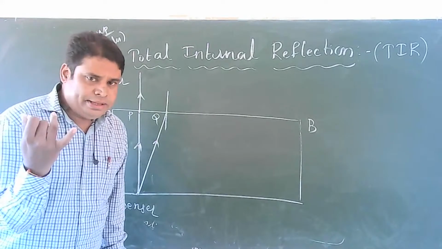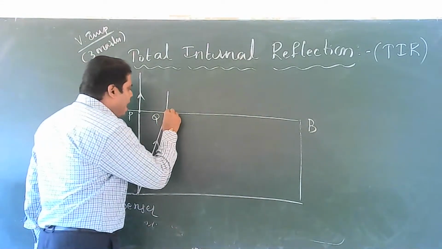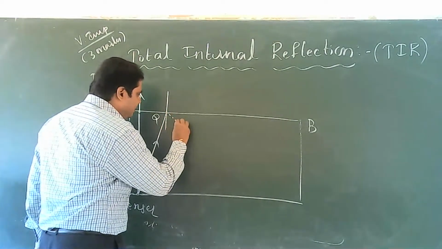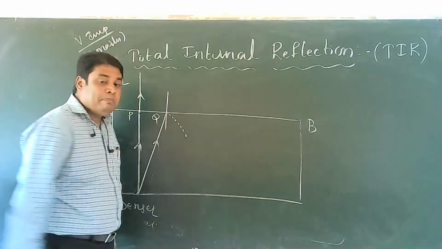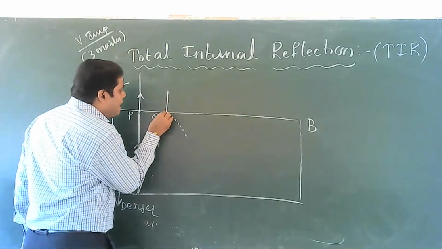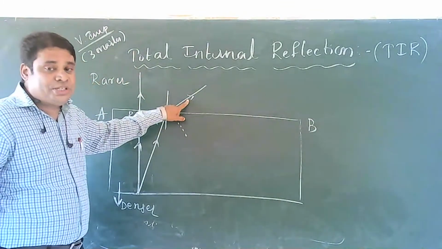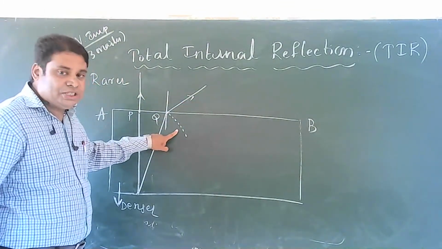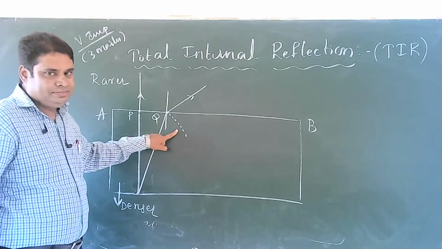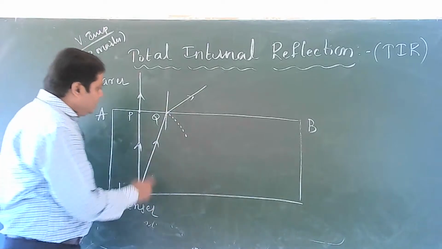First, the beam is incident from the denser to the rarer medium, so part of the ray is reflected back. Part is refracted. This is refraction. This is reflection.